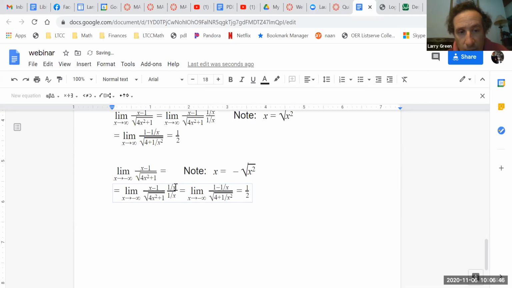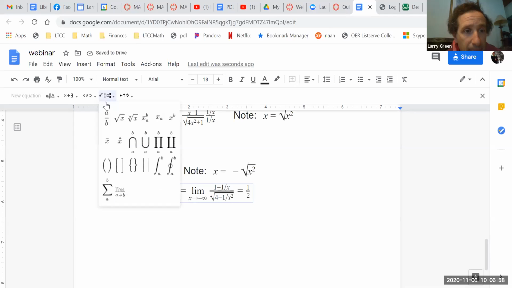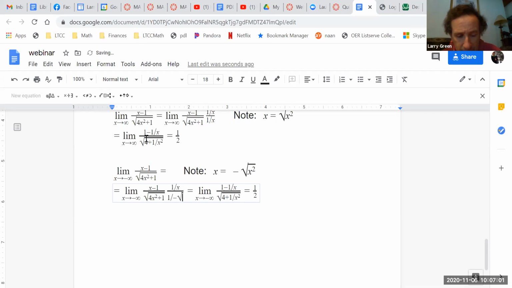So now 1 over x is 1 over x. There's no problem with that. But 1 over x is also 1 over negative the square root of x squared. Any questions on that?